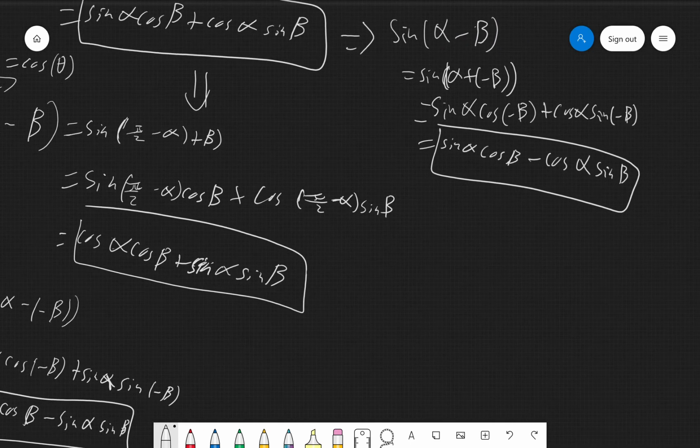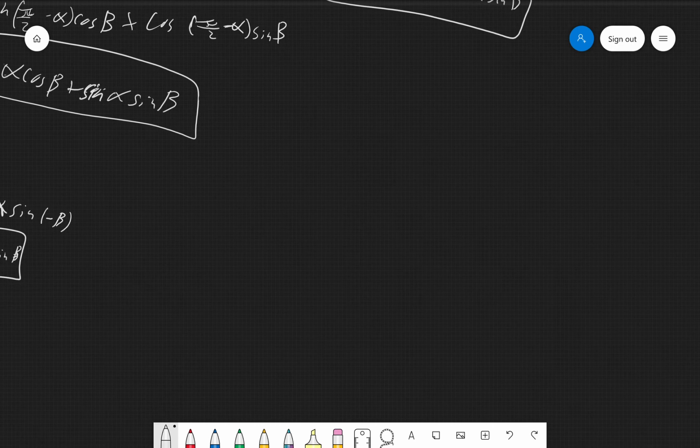We can use this for tangent as well, but because I didn't cover it that time, I might as well just cover it now. You don't really need the tangent one, but here we are. You sometimes need it, you might if you're in trigonometry class.